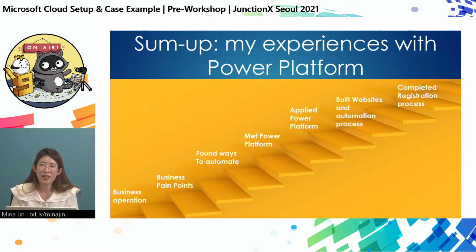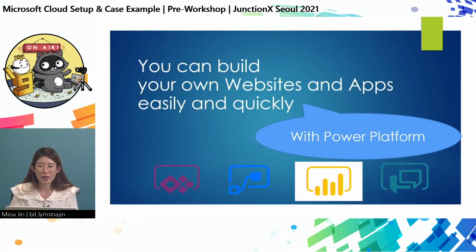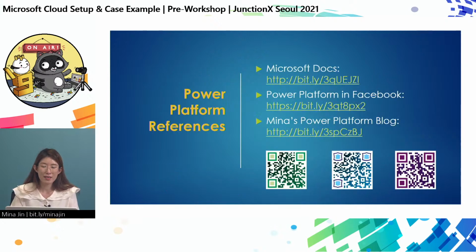So finally I completed the registration process in my business workflow. So now you can make your own website and apps easily and quickly with Power Platform. So just go to YouTube or Google and search Power Platform, or you can just visit Microsoft or the websites that I'm hosting. So just do it now. You can automate whatever you want.